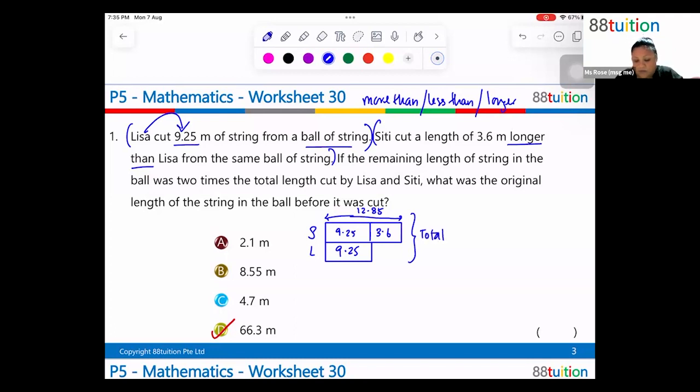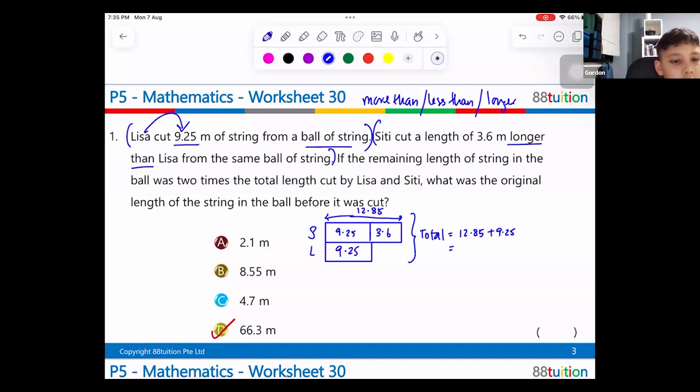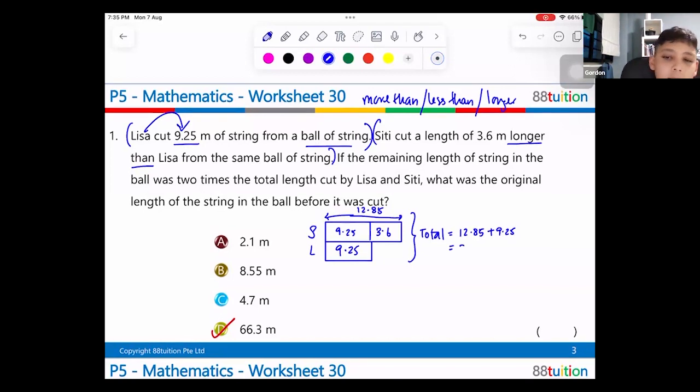Total will be equal to 12.85 plus 9.25, which gives 22.1.